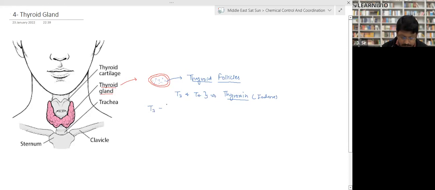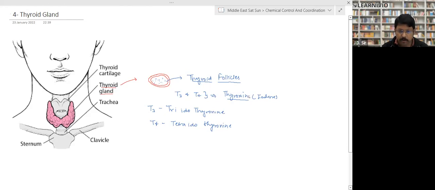T3 is actually triiodothyronine. What is T4? T4 is actually tetraiodothyronine. So there are two hormones, T3 and T4. Collectively, they are called thyroxine, right?